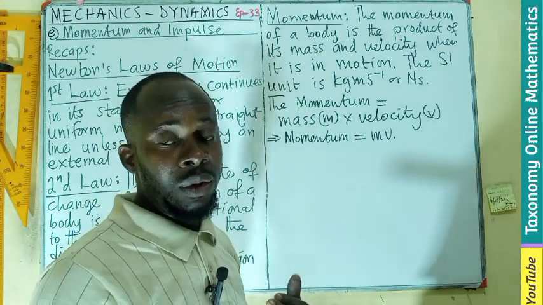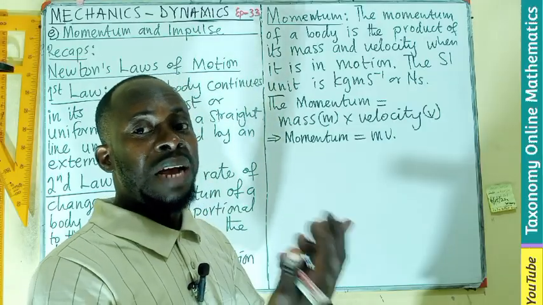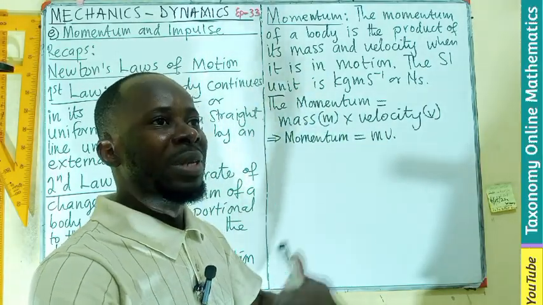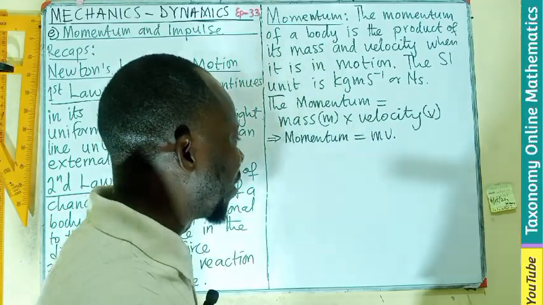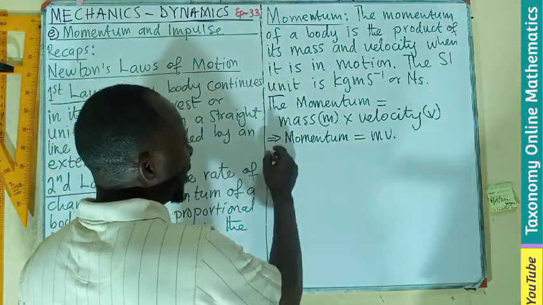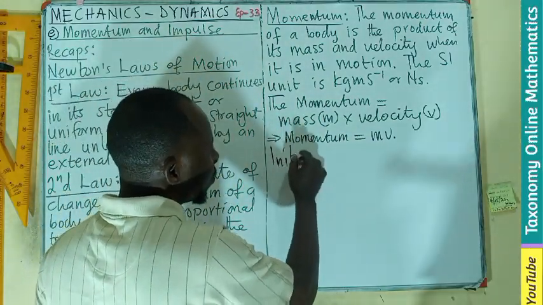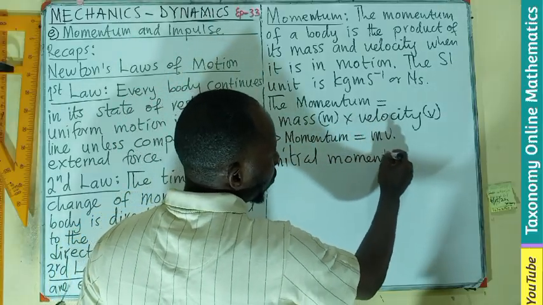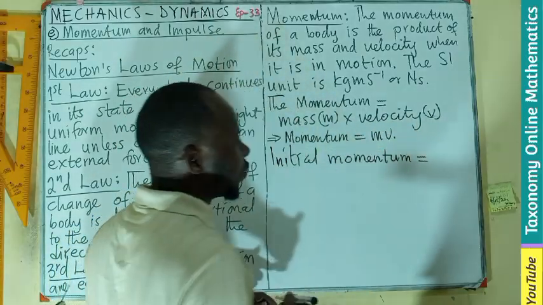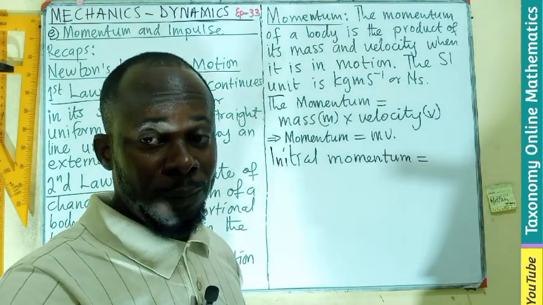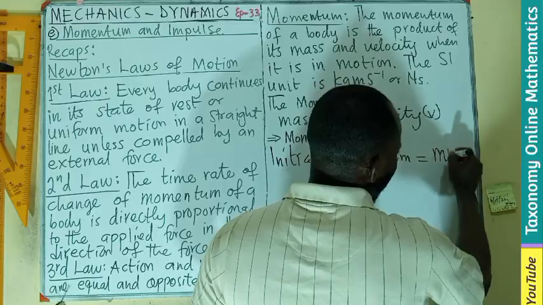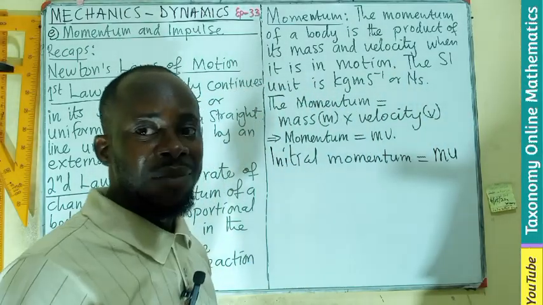Let's see a body which is moving with an initial velocity and ends up with a final velocity within a given time. We can talk about the initial momentum to be equal to the mass of the body times its initial velocity, which is mu, with u being the initial velocity.